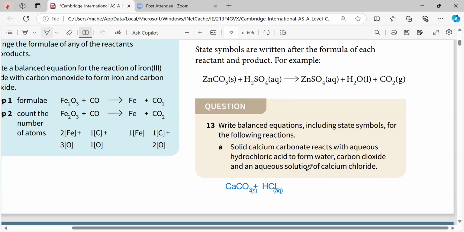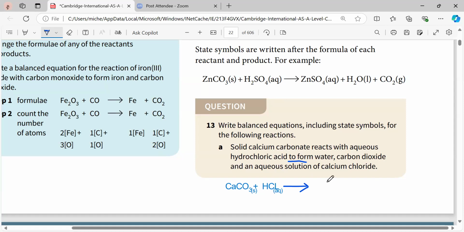So now we're going to draw an arrow, because when it says "to form," that means we are going to write the products right here. The products that will be formed are water, carbon dioxide, and an aqueous solution of calcium chloride. I'm not sure, but usually the way I write it, it's the heavier one first.